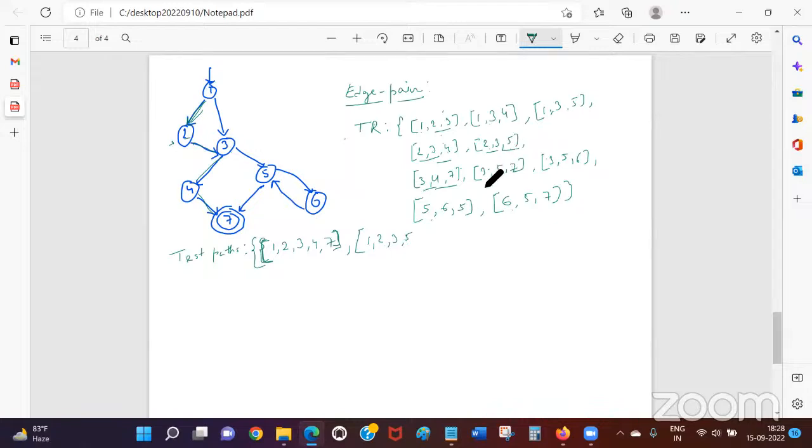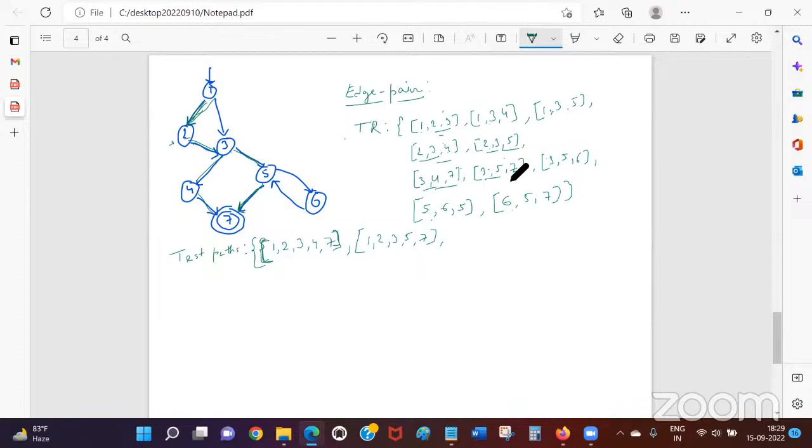With 3, 5, I can also go to 7. So this is another path: 1, 2, 3, 5, 7.